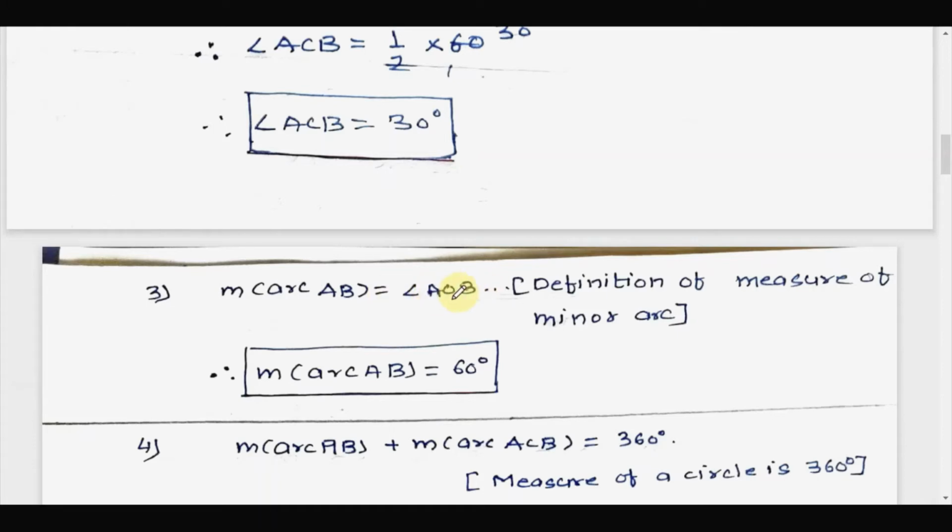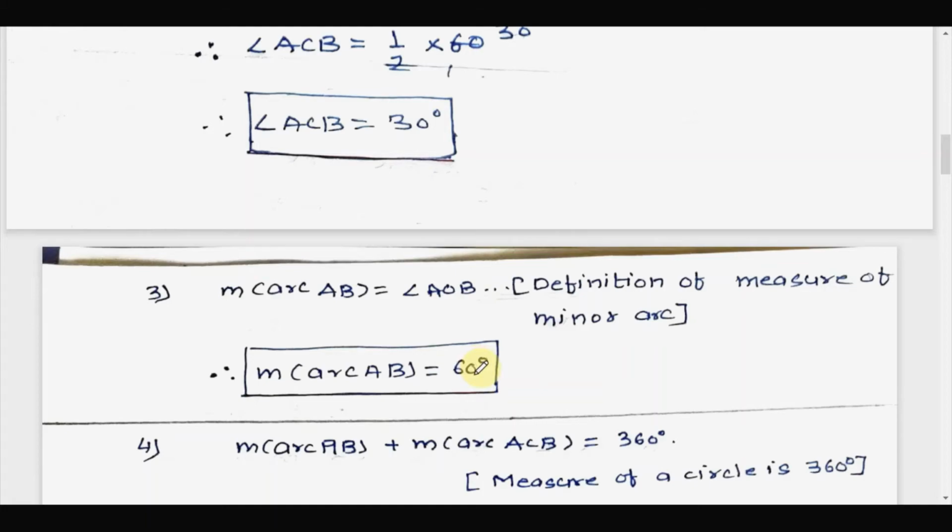So AOB is a central angle, because of the definition of measure of minor arc. Whatever is the measure of the central angle will be the measure of the given arc. So arc AB is equal to AOB, and AOB you found is 60 degrees. So arc AB is 60 degrees. I hope it is clear to you all.